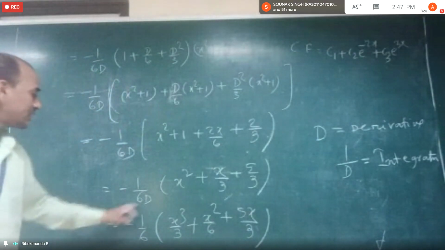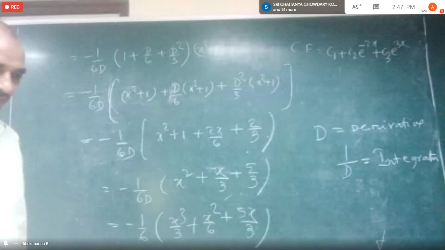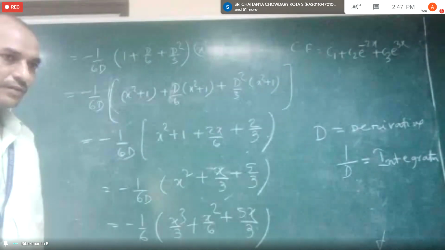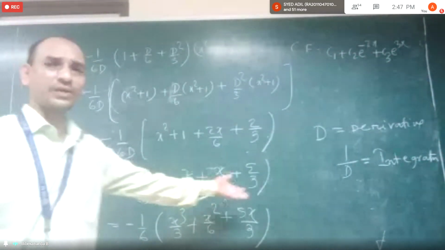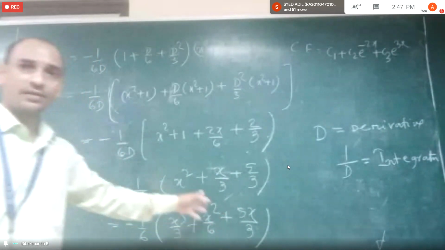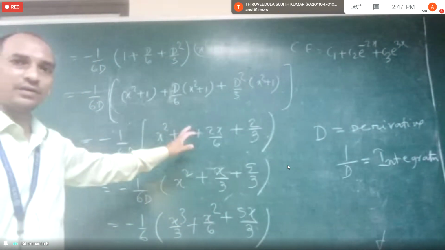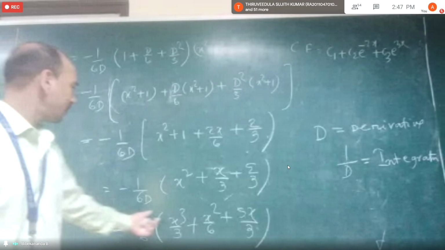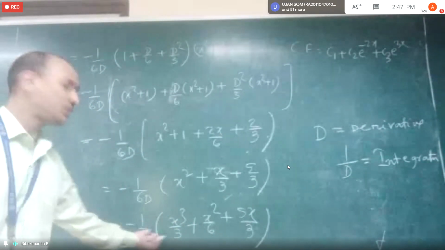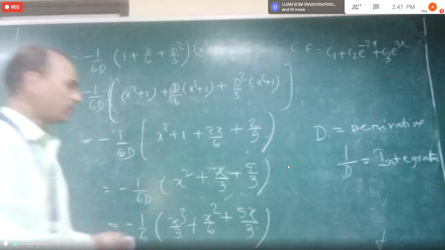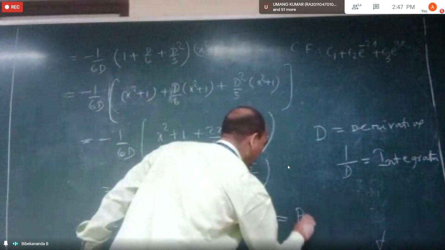Now can we consider this as the final? Sir, there is one constant also after integration. The integration constant is okay, no problem. So whether we will consider this as the final PI? Yes, sir, because there is no D. There is no D, and so this is my PI.